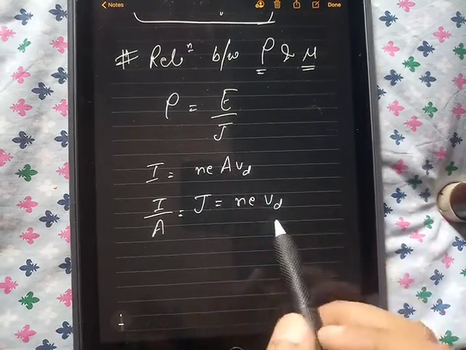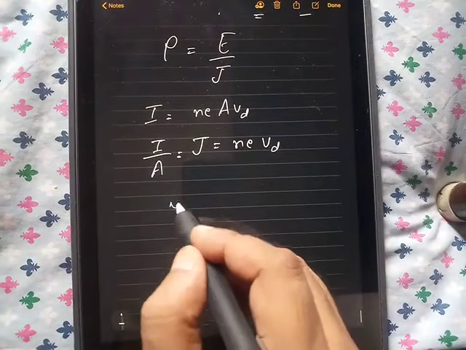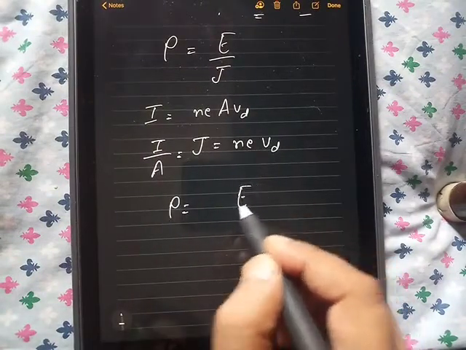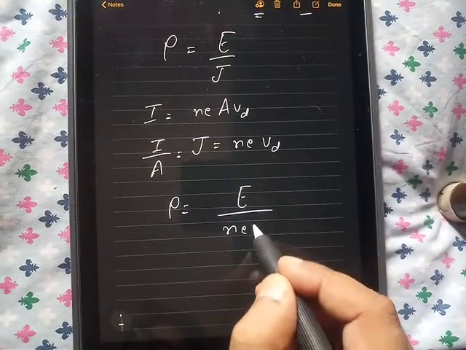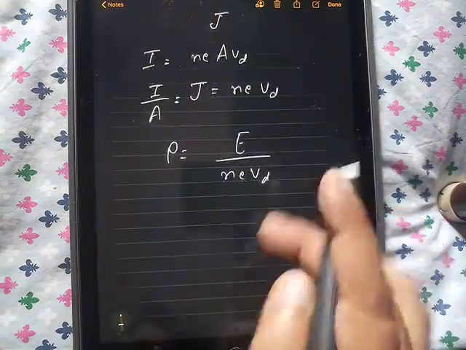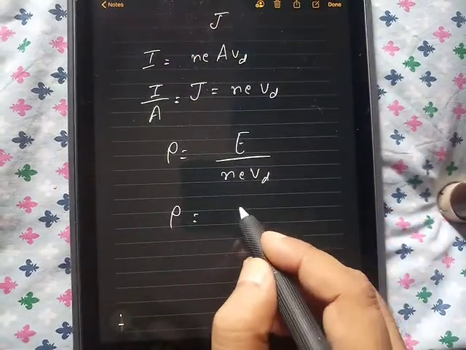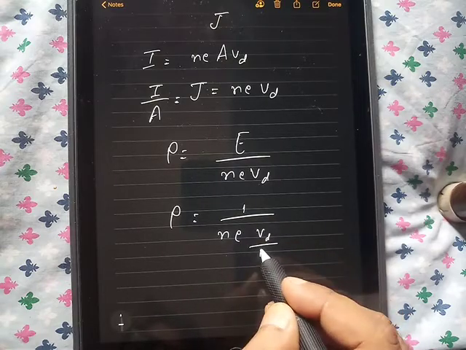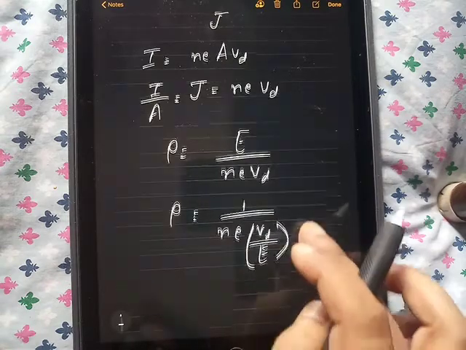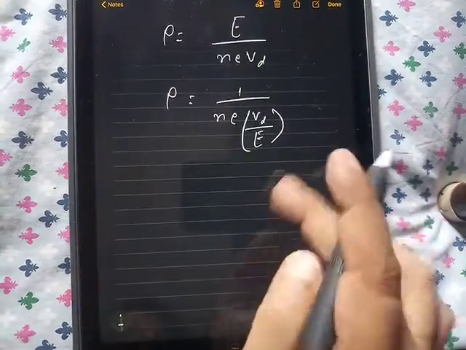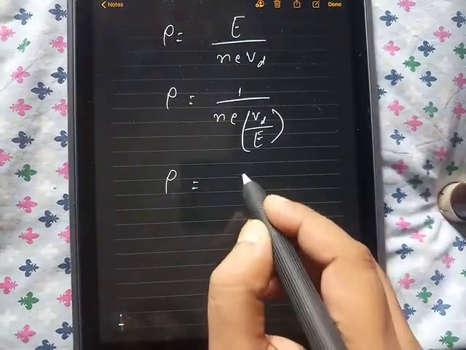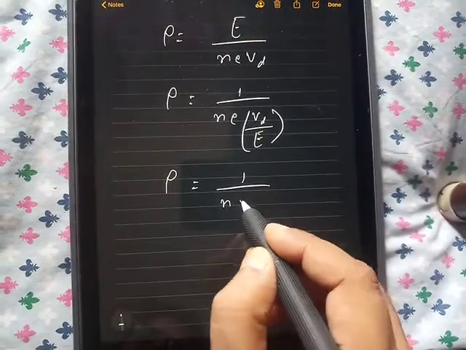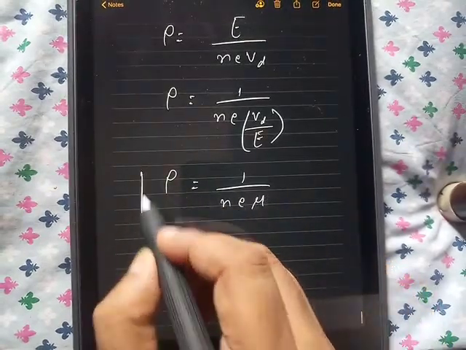So in place of J we can write n e Vd. So rho equals E by n e Vd, or we can write rho equals 1 by n e into Vd by E, and Vd by E is mobility. Rho equals 1 by n e mu.